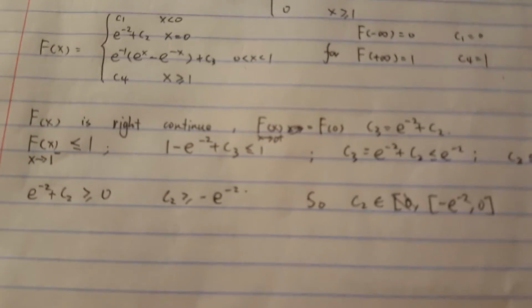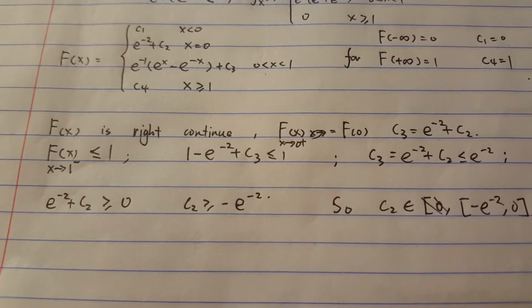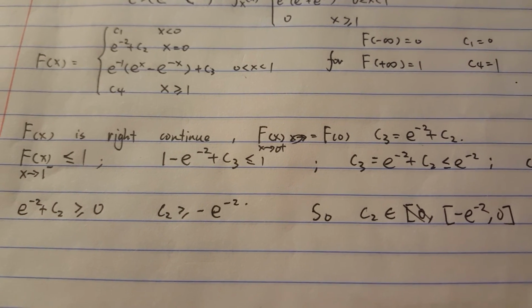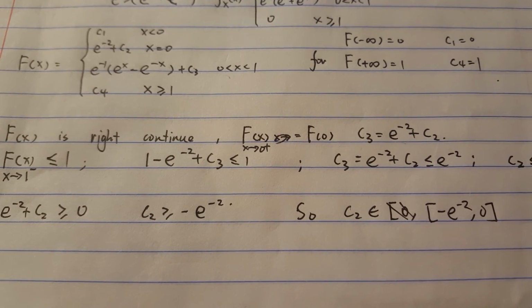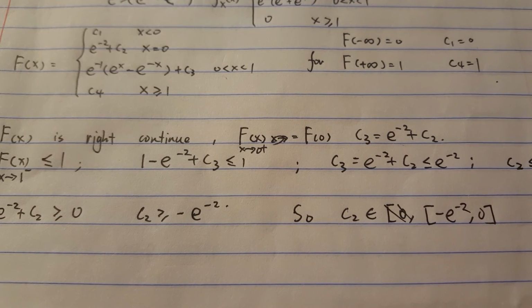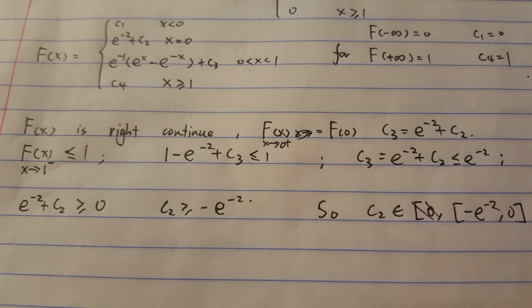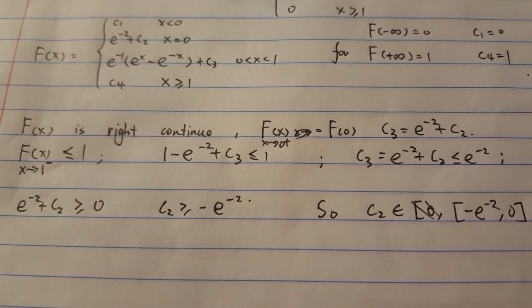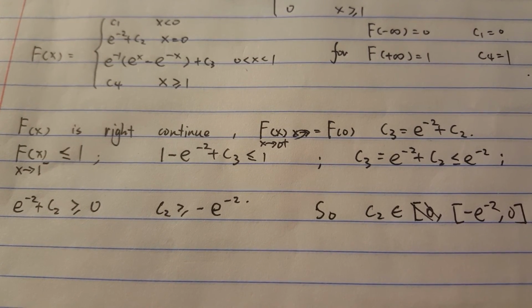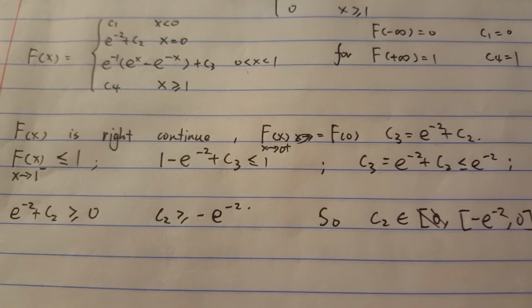From all of this, we can see that at last C2 is between minus e^2 minus 2 and 0. All of this is the region of C1, C2, C3, and C4.